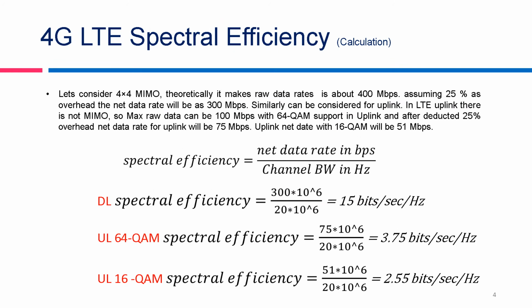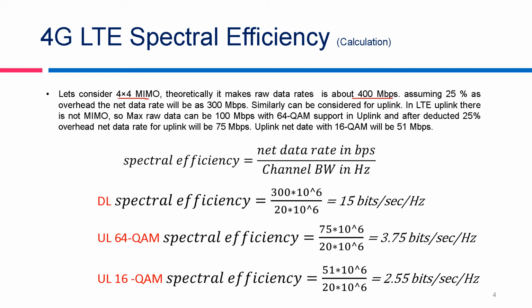After getting hands-on with the spectral efficiency formula, we can go ahead and calculate the spectral efficiency for 4G LTE network. Here I'm considering a 4 by 4 MIMO system, and theoretically the raw data rate for a 4x4 MIMO system is about 400 Mbps.